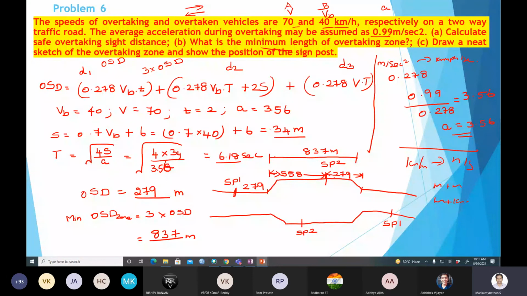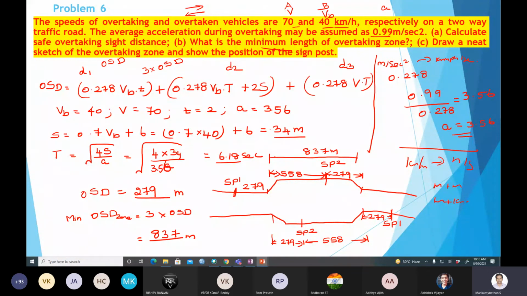The same in reverse: from here to here is 279 meter. From the first signpost it travels for 558 meter, then we give the second signpost and the ending distance is 279 meter.